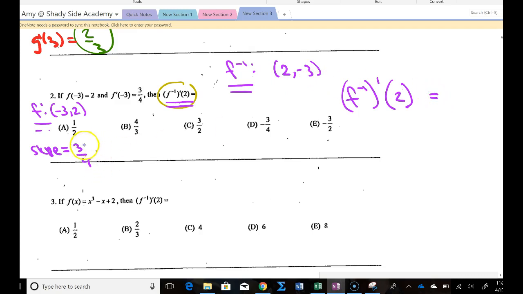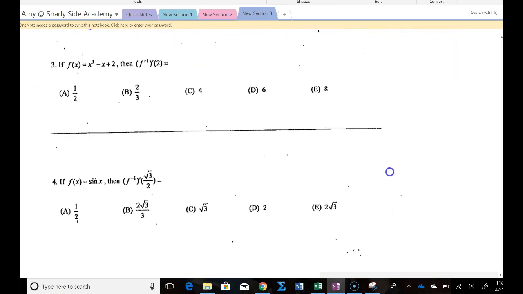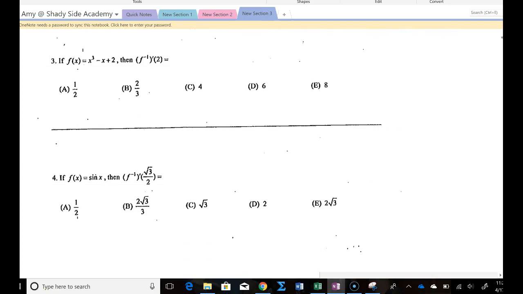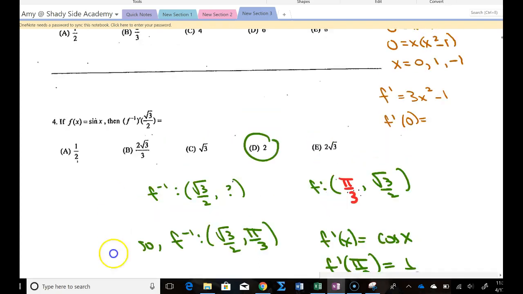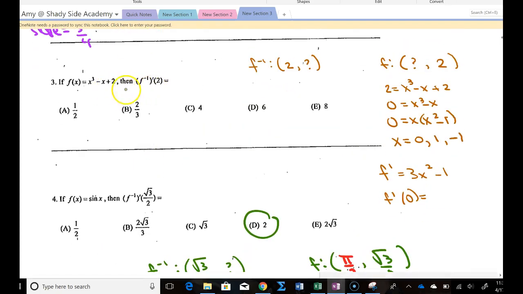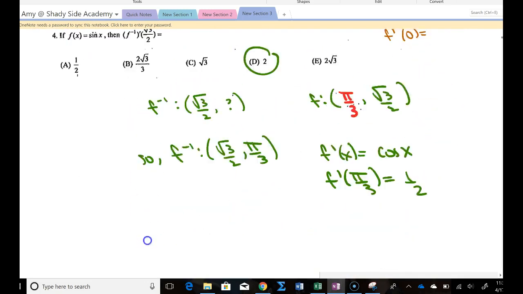Again, y becomes x becomes y: 4/3. Boom. Okay? I want you to go ahead and try 3 and 4, just 2 more twists on the same kind of question, and then replay me for the answer. Okay, so let's do number 4 first. Number 3 had a detail missing from the question, and I'll show you why in a second. But number 4, okay?